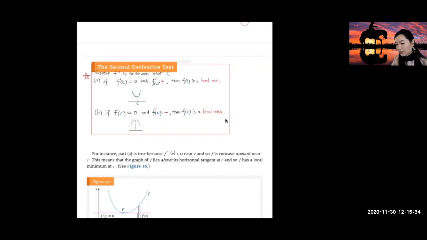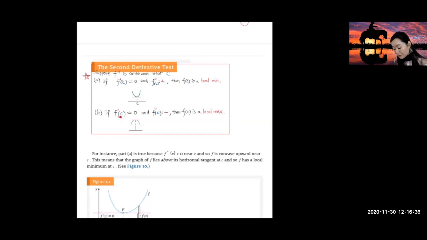Suppose the second derivative is continuous near c, and f prime of c is equal to 0, and f double prime of c is positive. So near this point, the graph will be concave up, so f of c over here will be a local min.